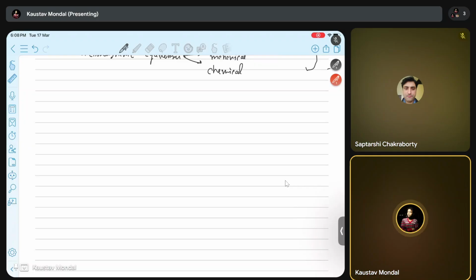Then we have also talked about other types of processes that are very important in thermodynamics. Those two processes are irreversible and reversible processes.